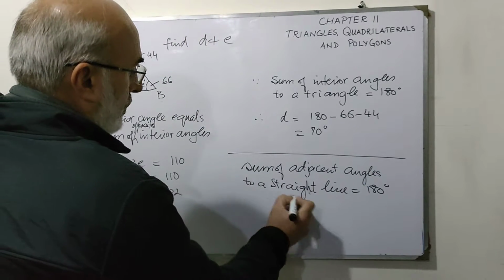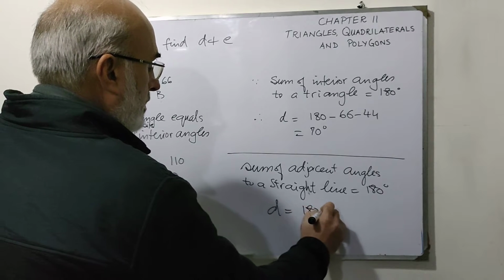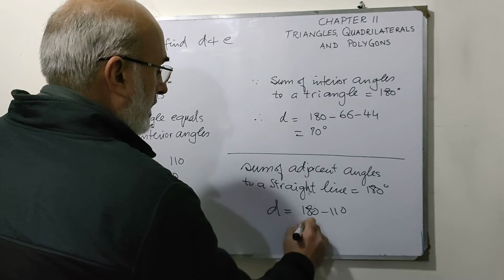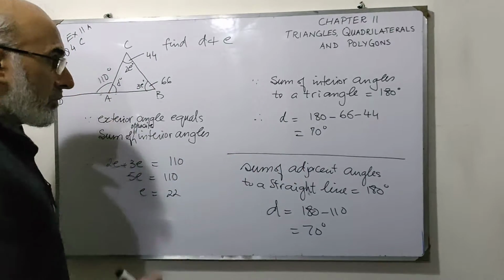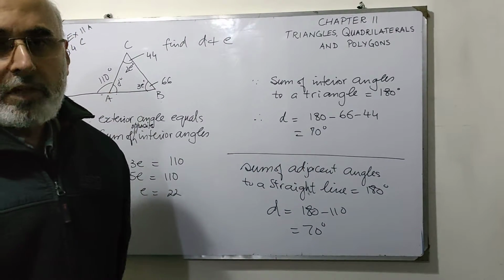So what we can do here is D is equal to 180 minus 110, which is 70 degree. So we can find the value of D in a couple of ways.